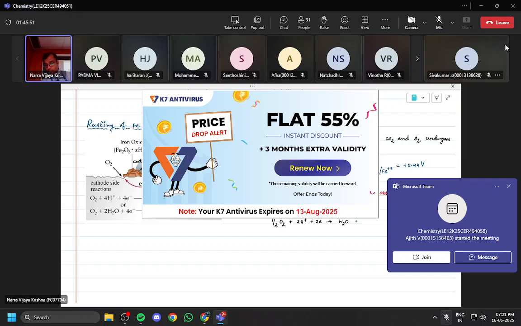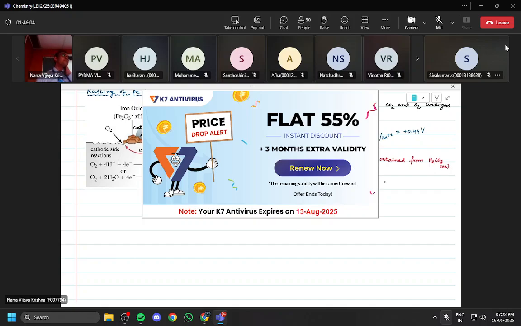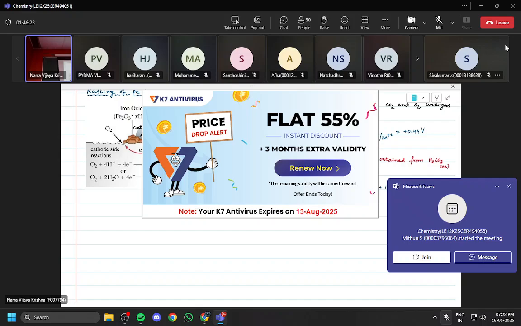Now check what the E naught value of it is. See the table: O2 plus 2H plus electrons gives rise to H2O. What is the E naught value? Plus 1.23 volts. Check the table. Okay, H2O gives rise to half O2 plus 2H plus electrons.